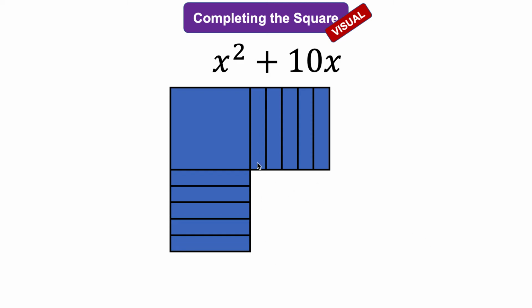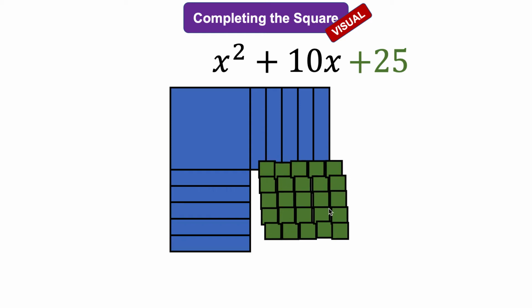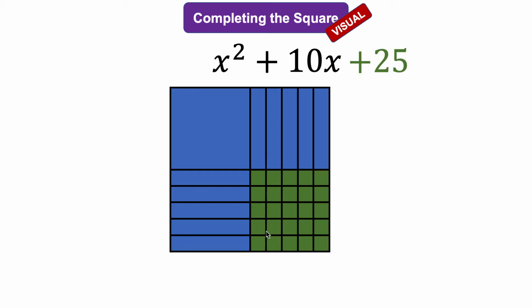So 5 by 5, 5 times 5 is 25. So it should be a 25 square block that fits inside of there. 25 little pieces there, so 5 by 5. And there you go, perfect square trinomial. Square root of x squared is just an x. Square root of 25 is a 5. You get a plus sign, so x plus 5 squared.